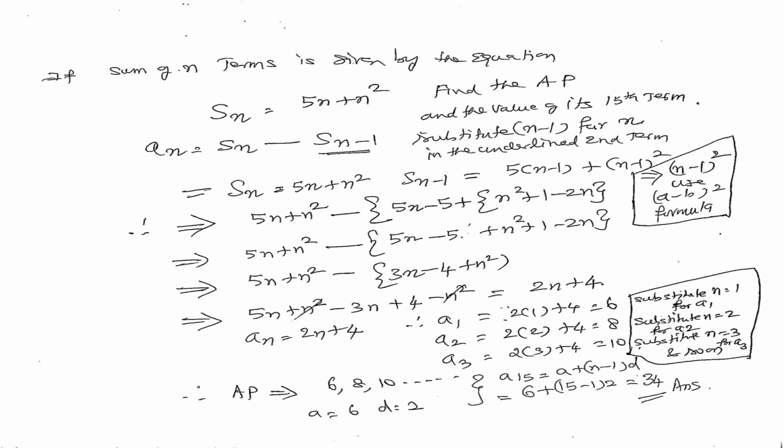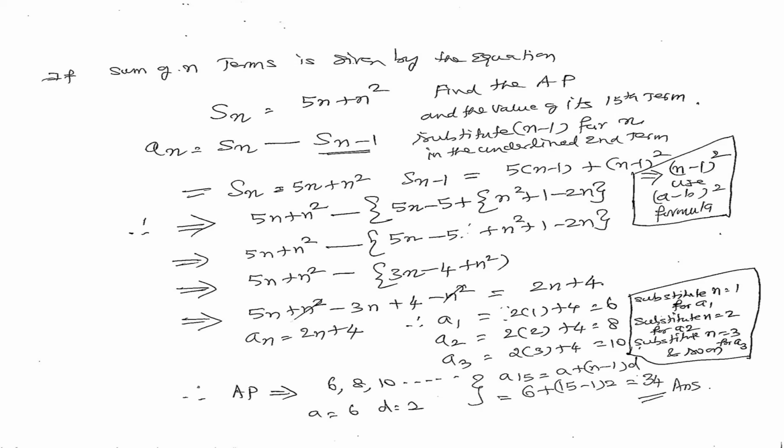That takes you to 5n plus n squared, that is for Sn, minus within bracket for Sn minus 1, 5n minus 5 plus n squared plus 1 minus 2n, using n minus 1 whole squared for a minus b formula. Here, in the second term, n is substituted with n minus 1.